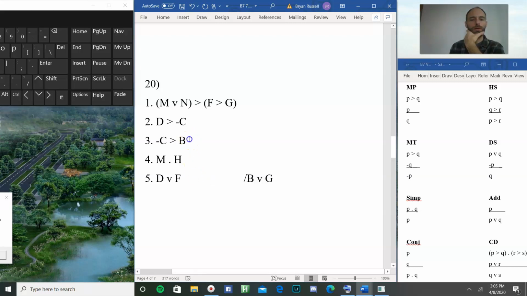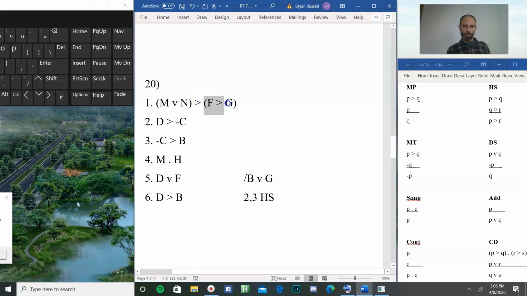Yes, we can. Look at 2 and 3. So there we have D horseshoe tilde C and tilde C horseshoe B. Hypothetical syllogism is going to let us right off the bat get one of the things we want here. So it's going to let us get D horseshoe B from 2, 3 HS.